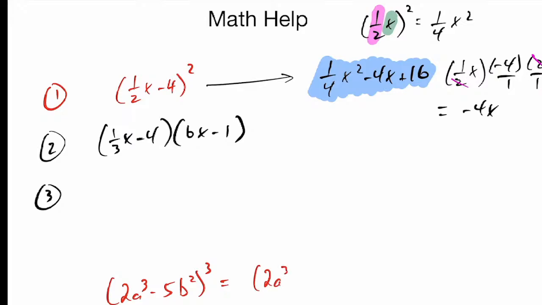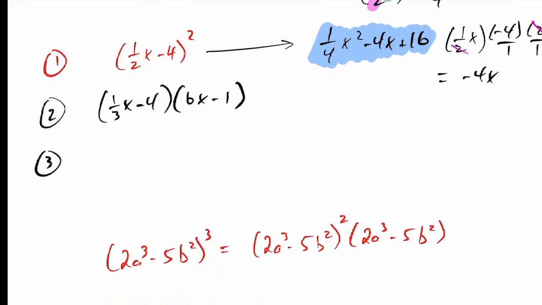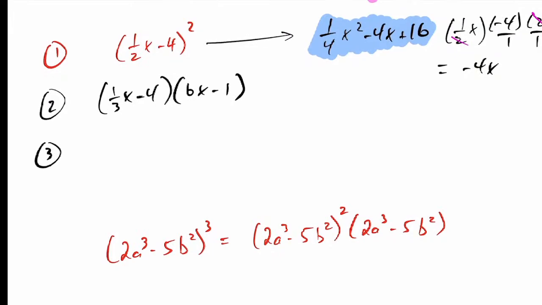This would be 2a cubed. This is to the power of 2. So the person looking for the 2a cubed minus 5b squared, the whole thing cubed, this is number 16, I think it was.